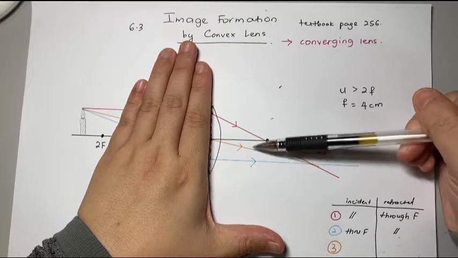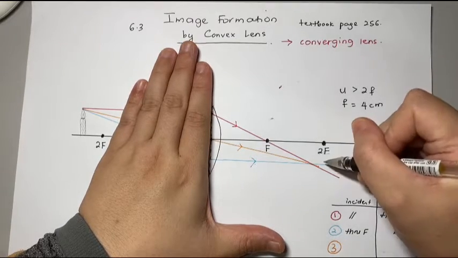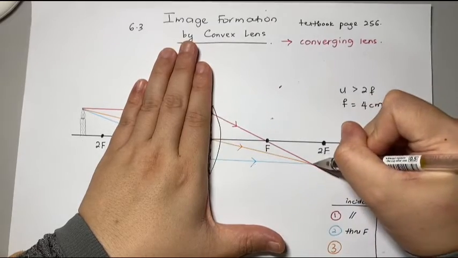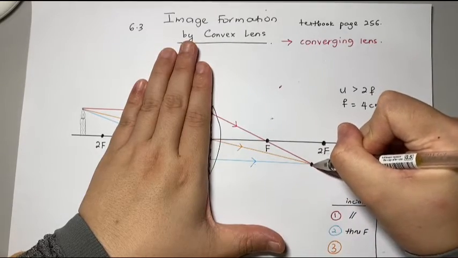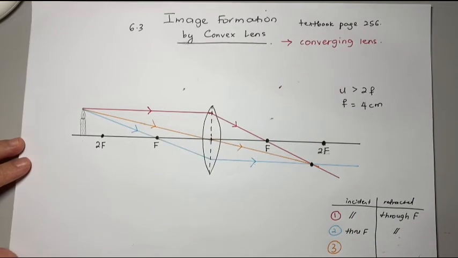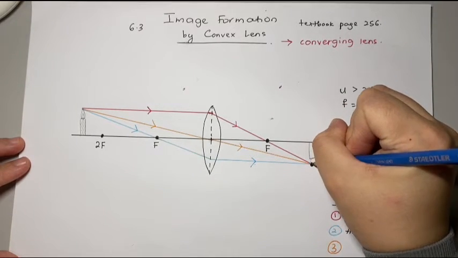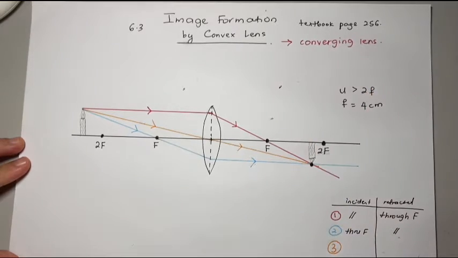Now if you look at my refracted ray, they intersect at one point, which is this one here. So the image formation will be at this point right here, and my image would be inverted. Alright, type of image.